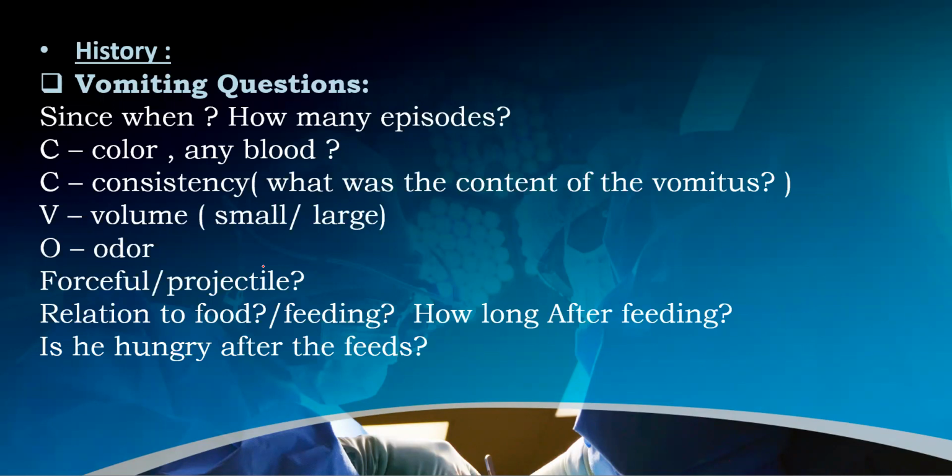So in the vomiting cluster, or anyone coming with vomiting, that is your history of presenting complaint, so you will start with your HOPC first. Any time there is discharge from anywhere in the body, we follow the approach CCVO: color, consistency, volume, and odor. This means you are going to ask about the color of the vomitus, what the content was, the volume, whether it was large or small, and the odor, whether it was foul smelling or not.